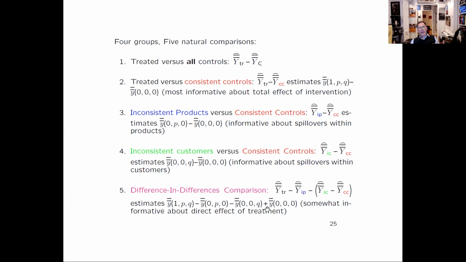So what this illustrates is that there are going to be challenges in estimating some overall effect of these spillovers, but at least under some conditions, in particular, if we're willing to make additivity assumptions, we can learn something about both the direct effects of the treatments and the indirect effect of the treatments, as well as the total effects.